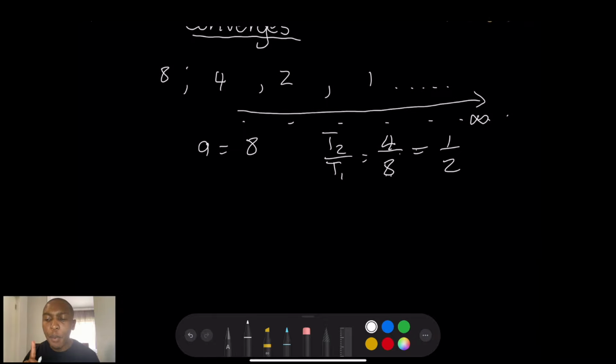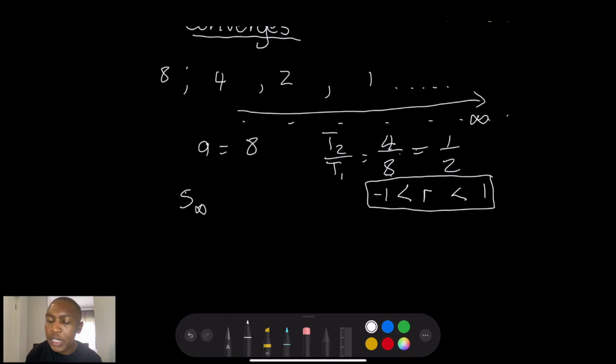What I want to do is talk about sum to infinity. I've already established that my value for r is between -1 and 1. Remember, once this is the case, we say that our series or sequence is convergent.